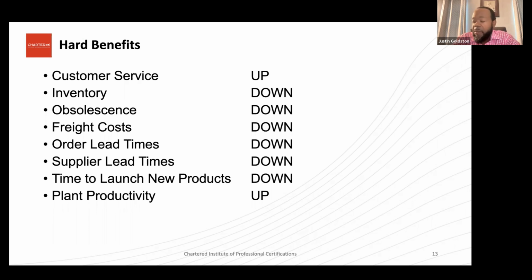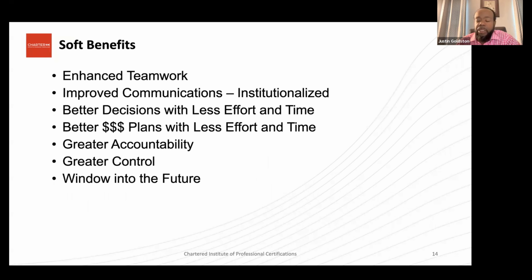I'm speaking to small and medium enterprises, but that's one thing that's amiss for some of them when they're setting up their ERP applications, in that they do not really consider or update their capacity requirements or constraints. So that's the hard benefits.